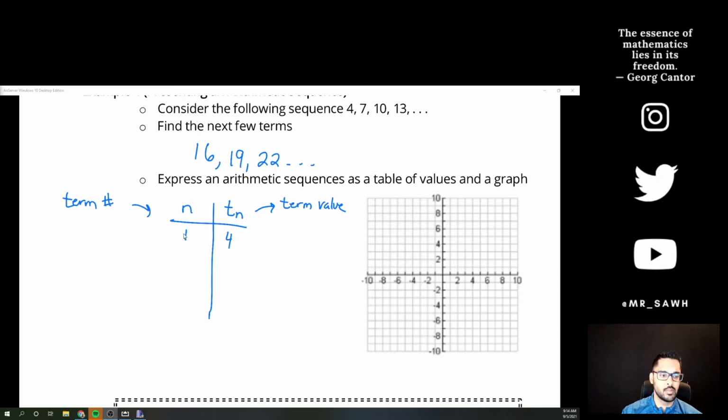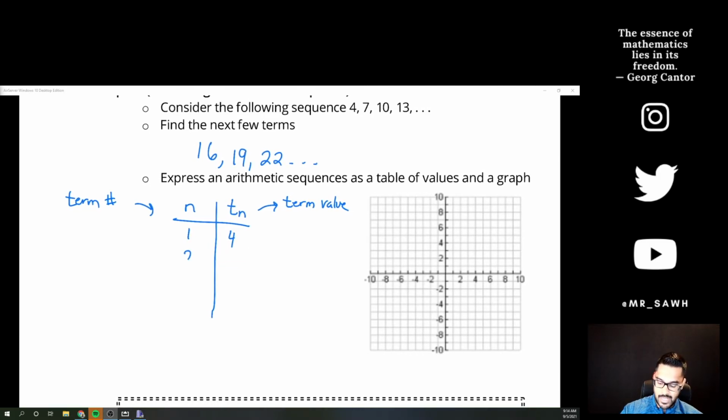So our term number is 1, and the value of that first term is 4. Our second term is 3 more than 4, so the second term's value is 7. You can keep on going. The third one was 10, the fourth one was 13. Extend my table. 5 and 16, 6 and 19. The seventh term had a value of 22.